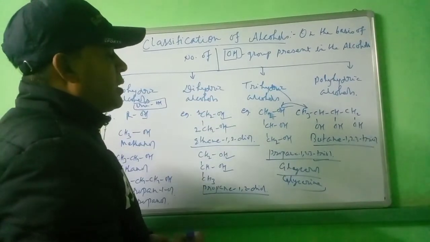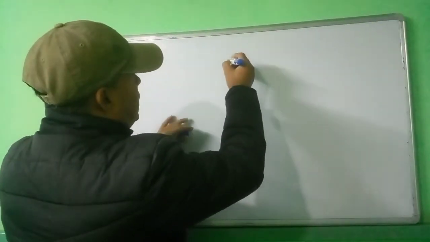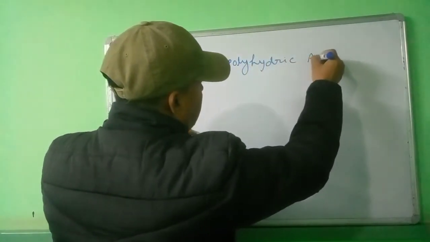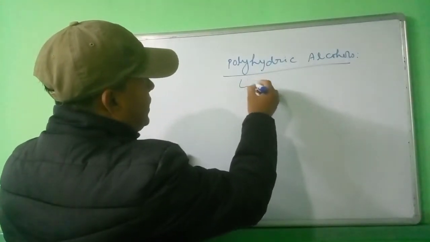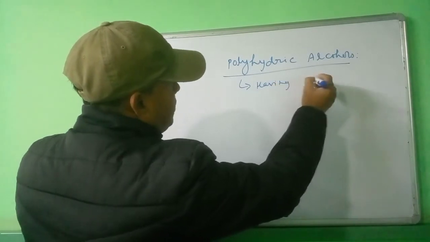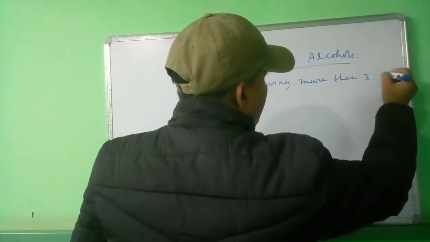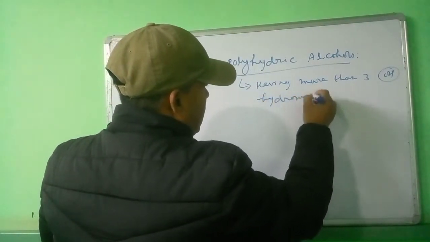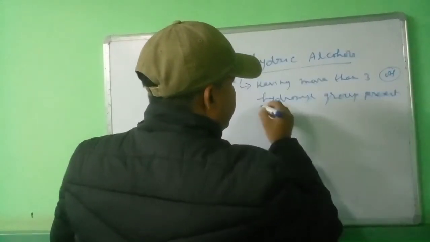Now the remaining, polyhydric alcohol. Polyhydric alcohol means alcohols having more than 3 OH hydroxyl groups present in the alcohol.